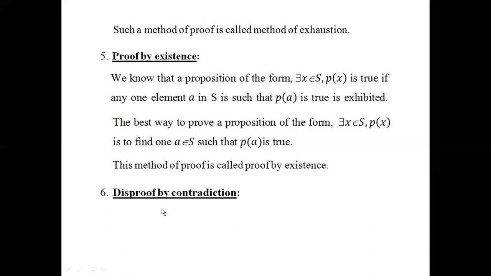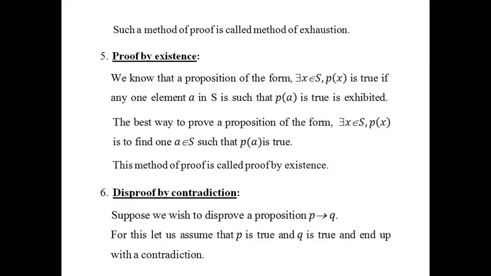Next we have disproofs. There are two disproofs that we consider here. First, disproof by contradiction. Suppose we wish to disprove a proposition P implies Q. So we want to disprove the given conditional.